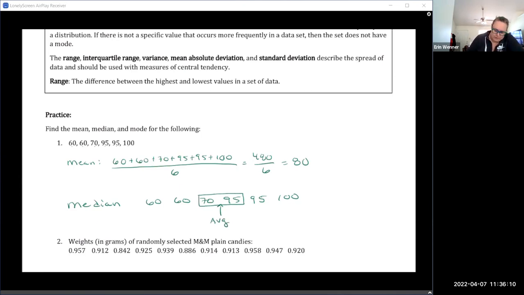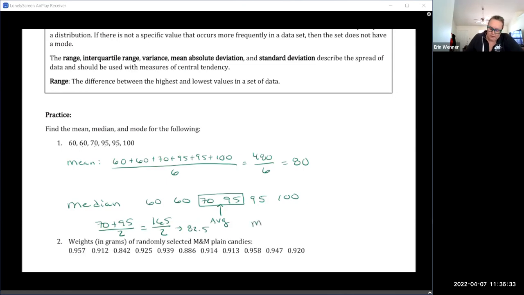So I'm going to take 70 plus 95 and divide by 2. So 70 plus 95 is 165. Divided by 2, and we get 82.5, and we do not want to round this. Okay, you want to leave it as it is.